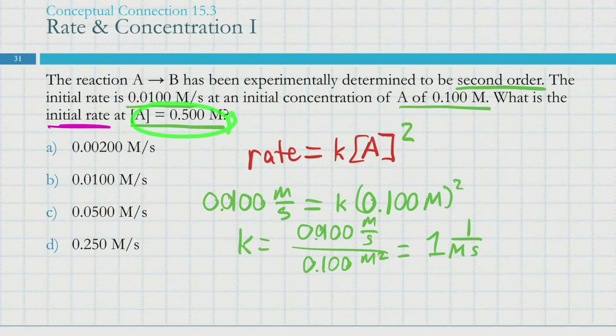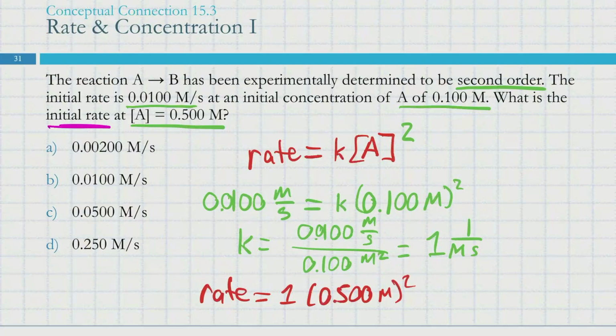So if we increase the concentration to 0.500 molar, rate is what we're finding. Rate is equal to 1 times 0.500 molar squared.